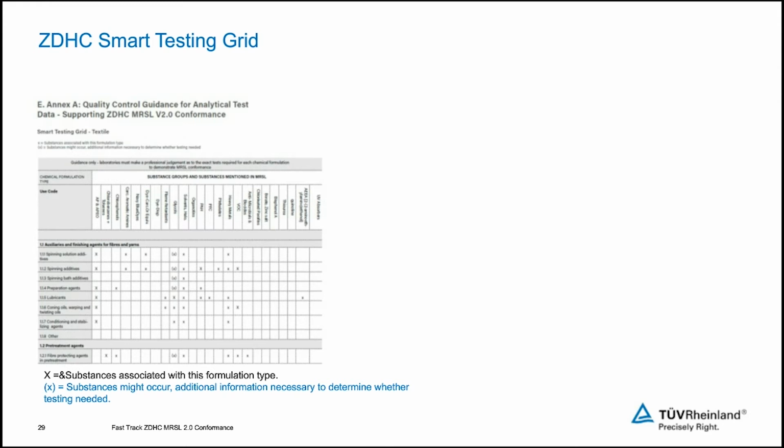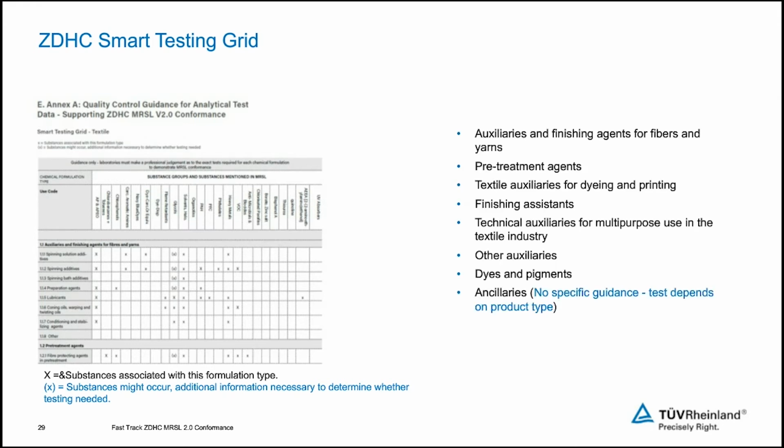For example, auxiliary and finishing agent for fibers and yarns, pretreatment agent, finishing assistant, etc. Depending on the use of the product, some mandatory tests are required. Additional tests could be added depending on the actual formulation. For some products there is no specific guideline. The test will depend on the real product type and real formulations.